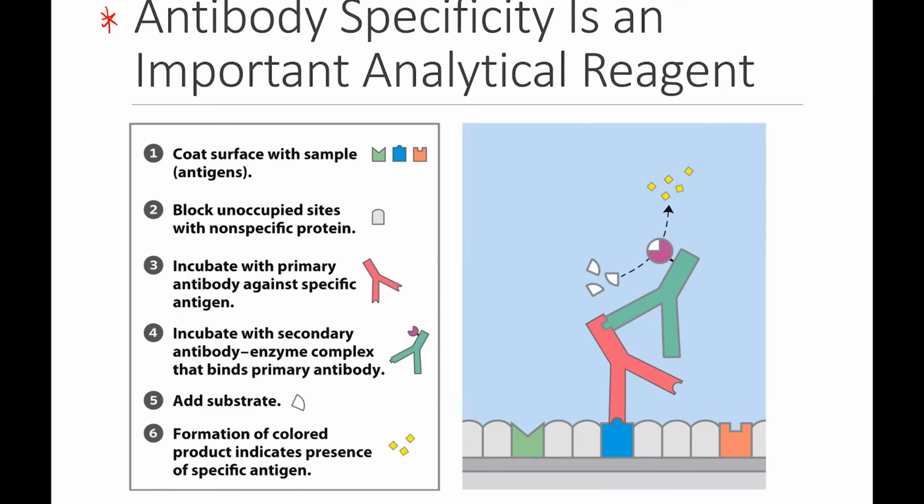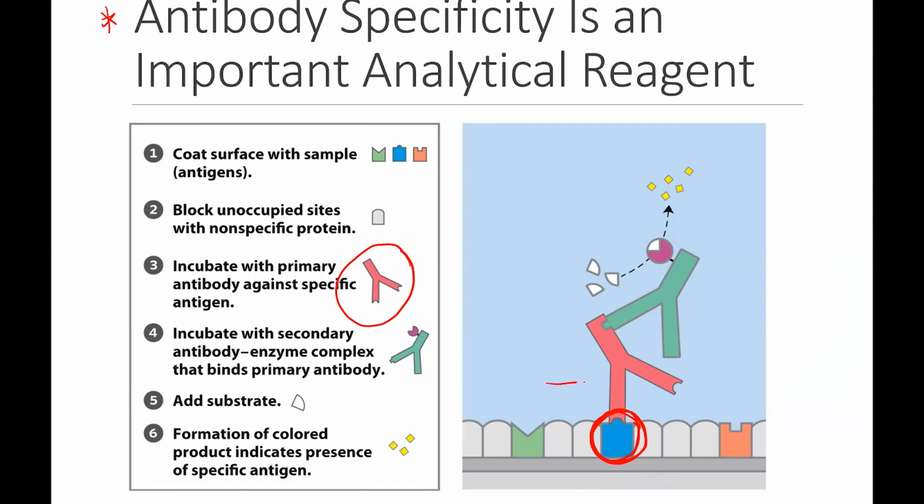And the way that we do this again is by first designing an antibody that has a binding site that is specific for whatever protein we want to look for. So we have some solution or some sample. Maybe this is in a tube and it has a mixture of things in it, but we want to know how much of our protein, this blue protein, is in that actual solution.